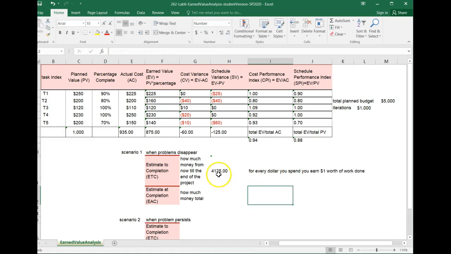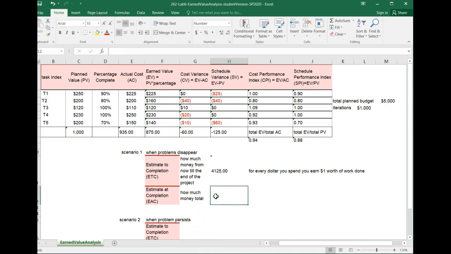So you need this much money from now till the end of the project, because that's when the world is perfect. CPI would be 1. It means that you only need $1 for every dollar worth of work. So that's the money from now till the end of the project, which is the total value you wanted to get minus the value achieved so far.